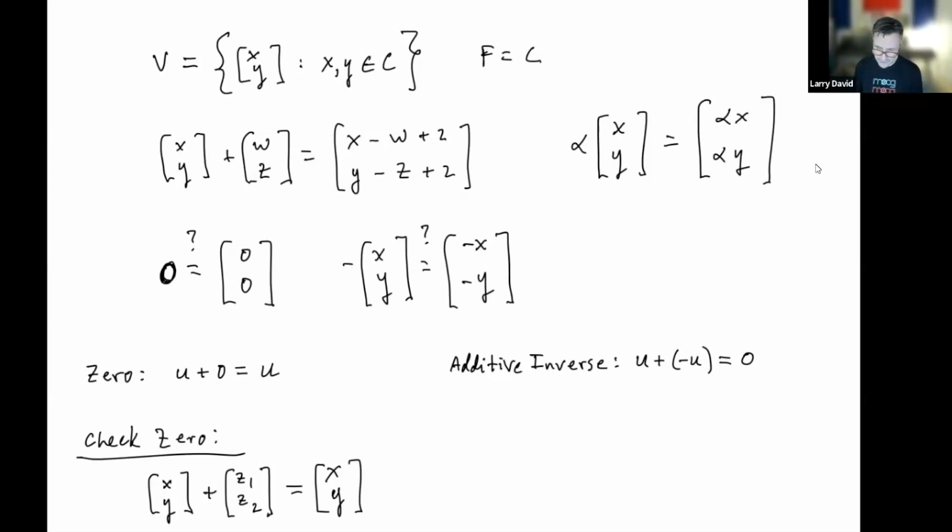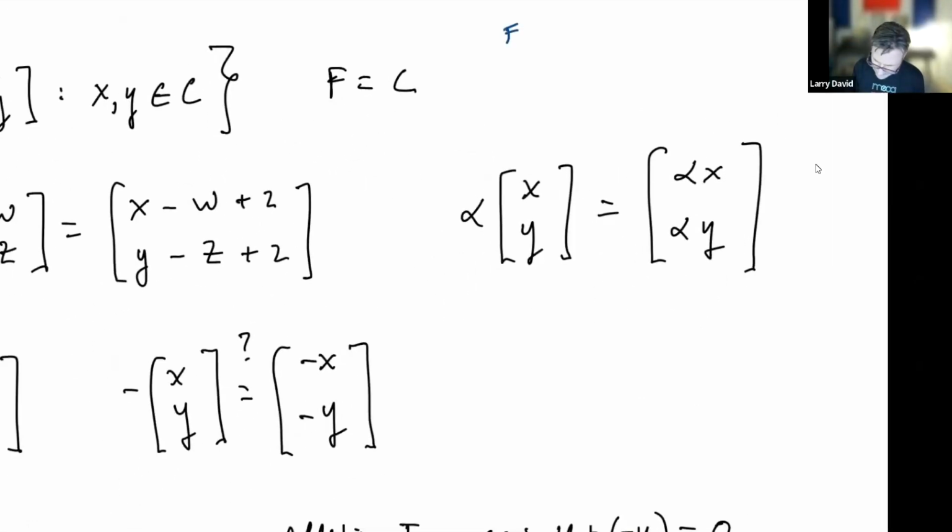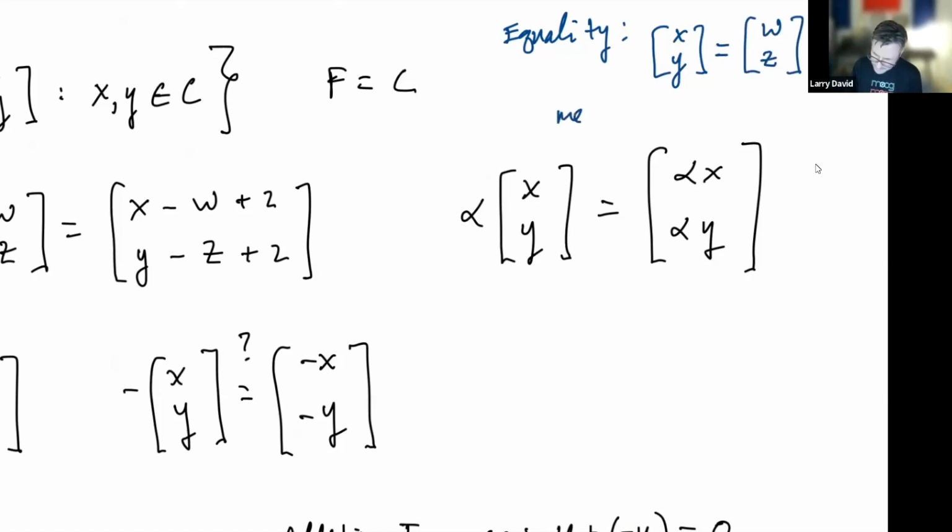In other words, we could just say two vectors are equal if their entries are equal. If I say two vectors are equal, that means that the entries are equal to each other.